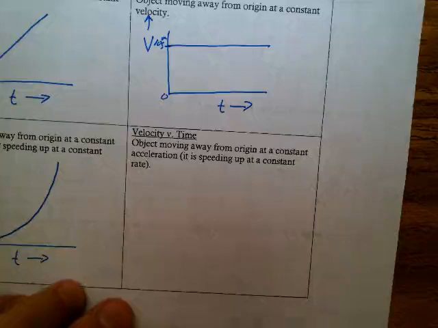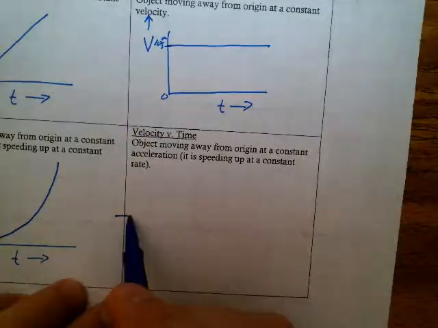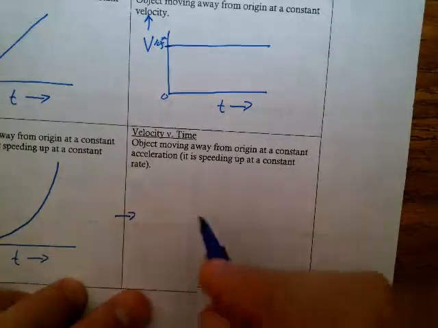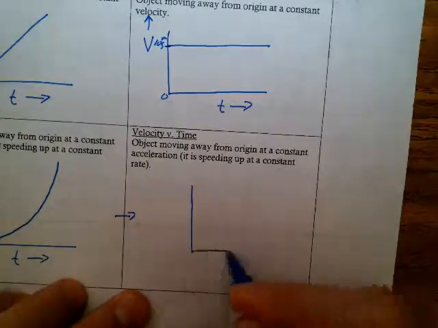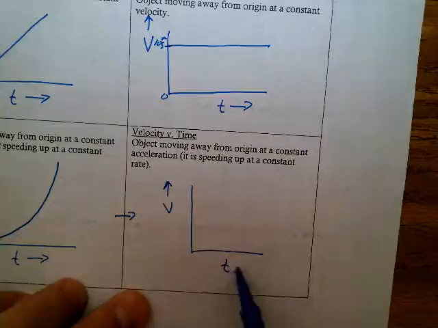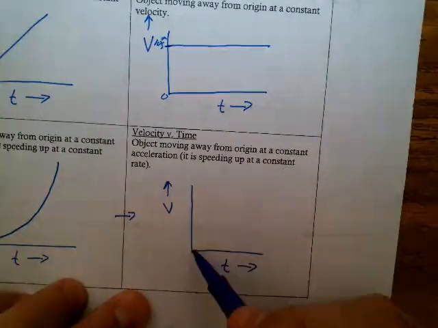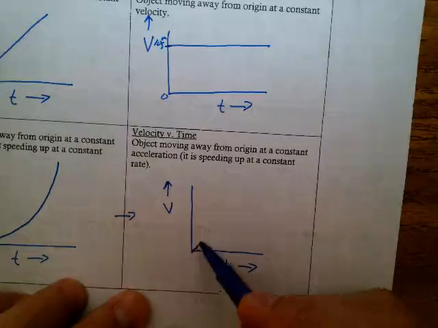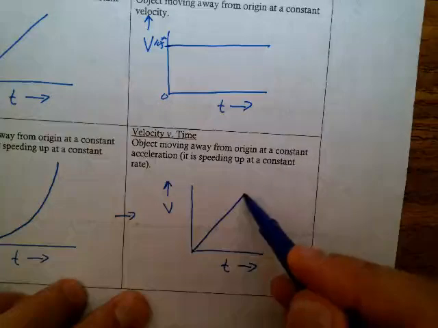But now if we look at the velocity time graph that matches that, let's draw our x and our y. So here's velocity on the y-axis, time on the x-axis, and this shows a velocity that's increasing constantly at a steady rate. So it's going to be a nice straight line.